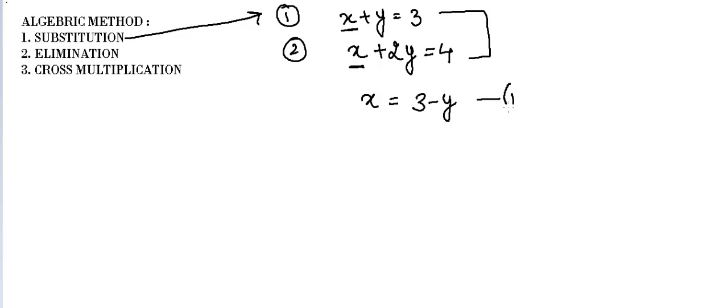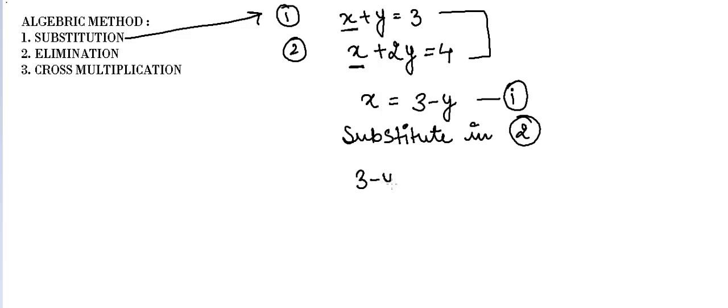Now I will substitute this value of x in the second equation. What I'll get is 3 minus y plus 2y is equal to 4.